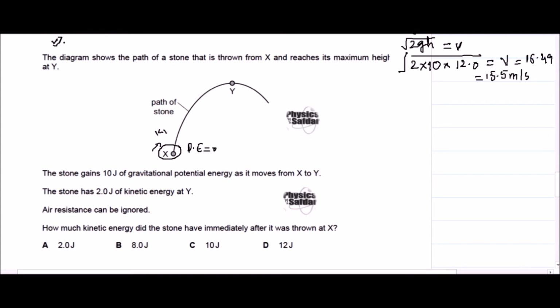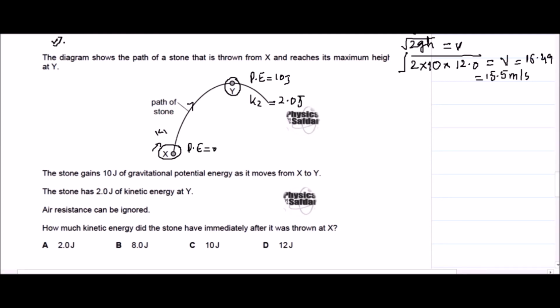When the stone moves and reaches Y, now it has some height. That's why it gains some potential energy, and the gain of potential energy at point Y is 10 joules. But at the same point it has some kinetic energy as well, and that is K2 equal to 2.0 joules.